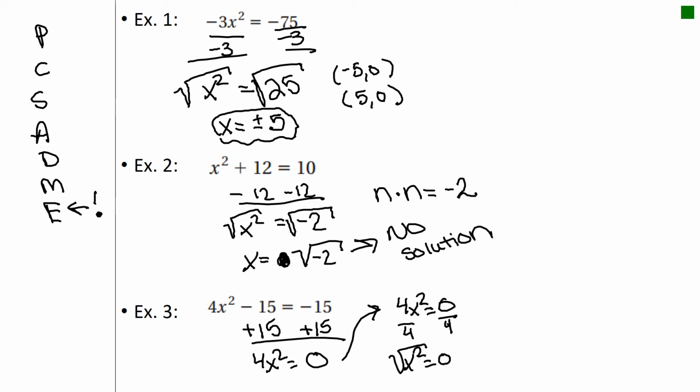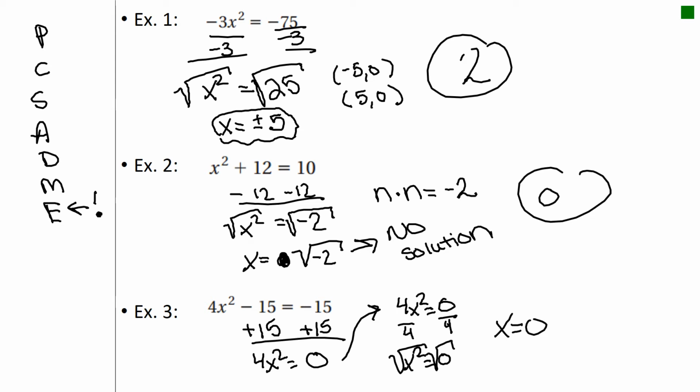Take the square root of x squared, take the square root of 0, x equals 0. So what did we have going on in these three examples? Here's when we had two solutions, here's when we had no solutions, and we had one solution here. This one was at the origin. All right, let's do three more examples.